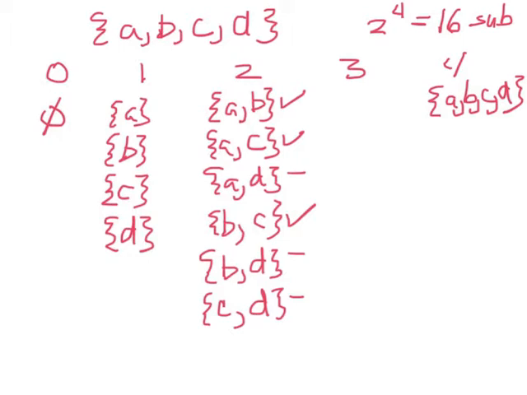So each letter has 3 possibilities with it. But some of them are counted twice, depending upon what you do. But there were 6 subsets of 2 elements. Notice the order in which I do it, and that'll help you keep track.